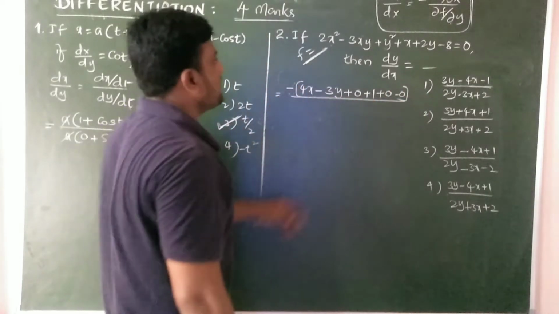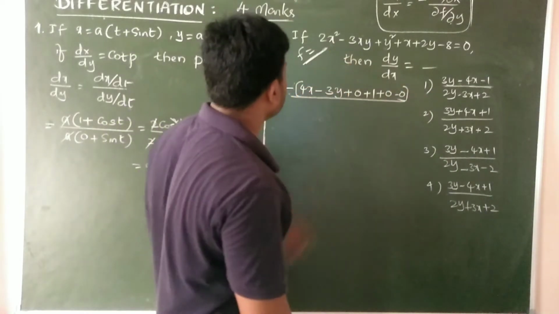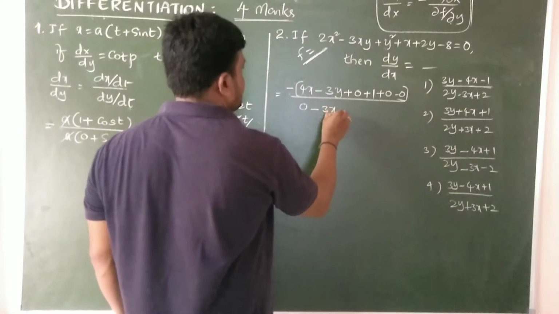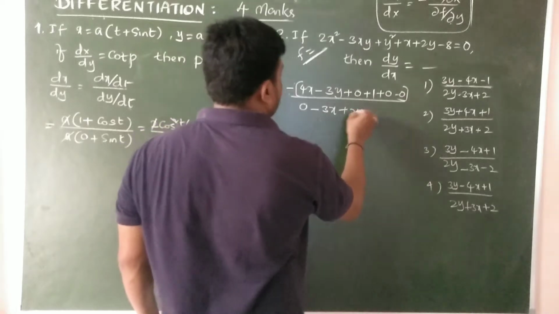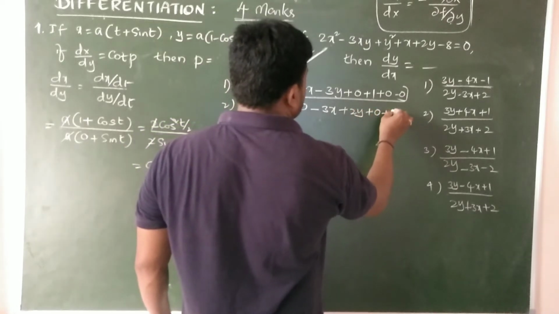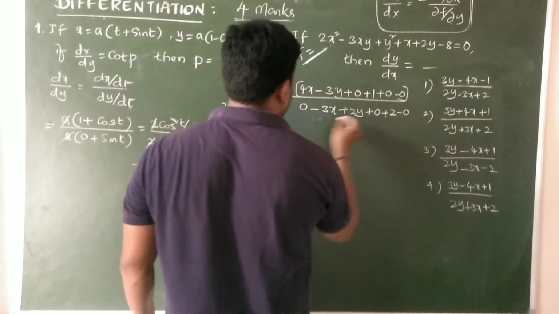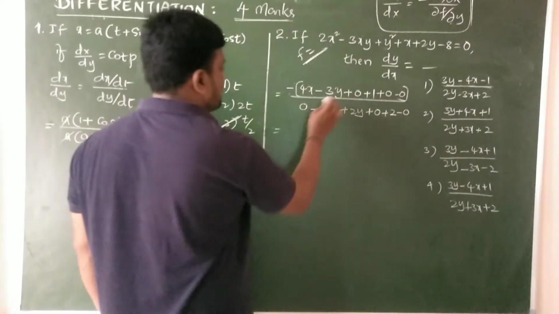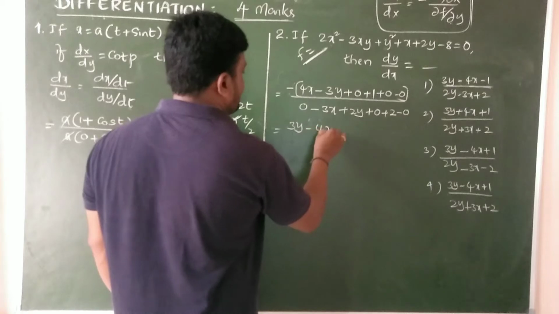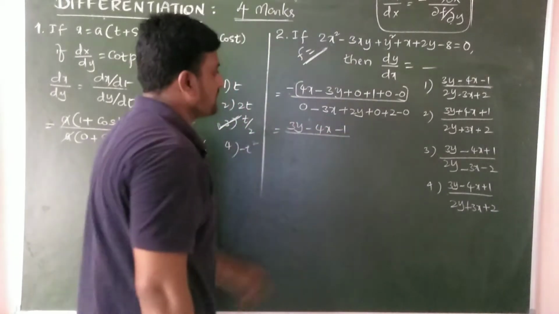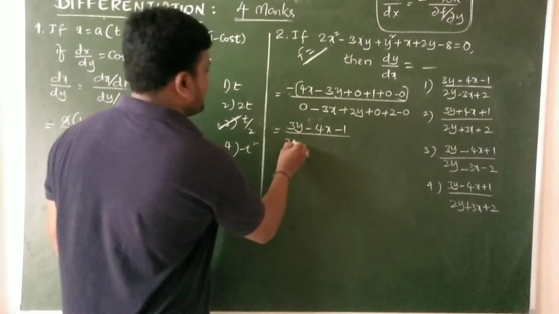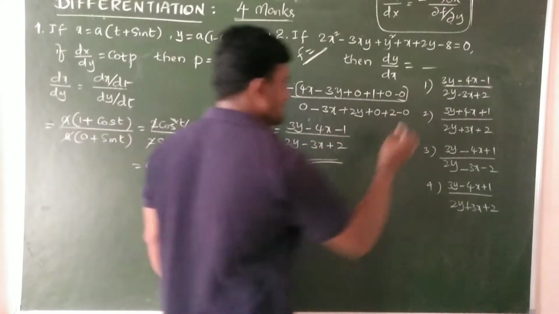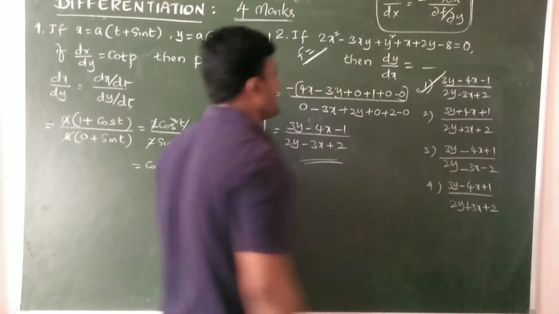Now with respect to y: 0 minus 3x, since x is a constant, plus 2y plus 0 plus 2 minus 0. Minus of (4x minus 3y plus 1) by (2y minus 3x plus 2). Okay, it is the first option.